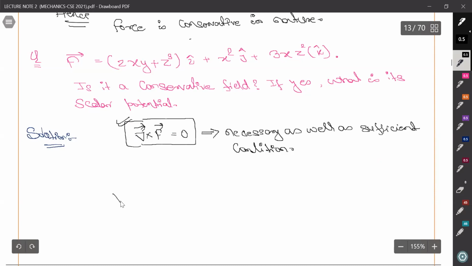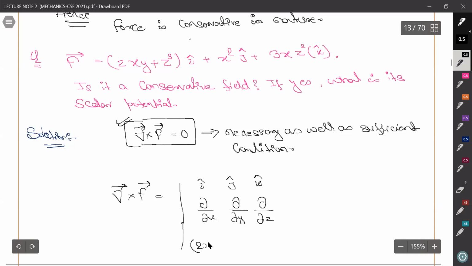So okay, then this equals to what? The determinant with i cap, j cap, k cap, del/del x, del/del y, del/del z.